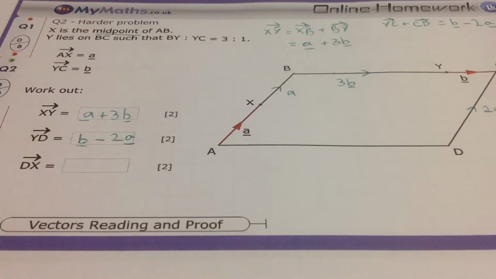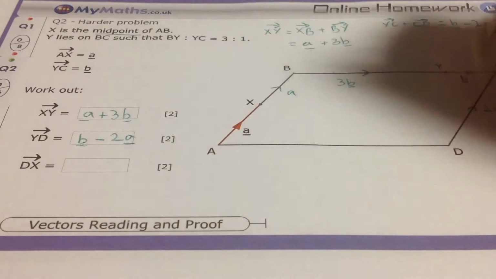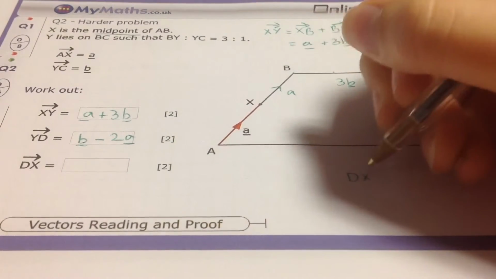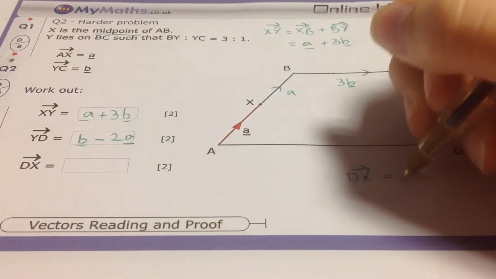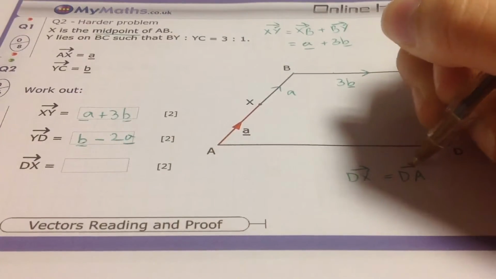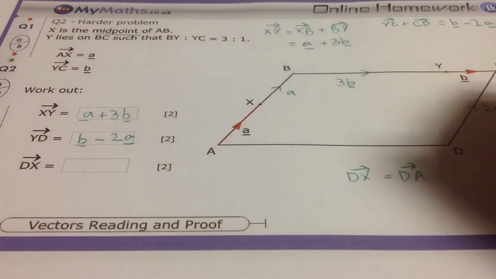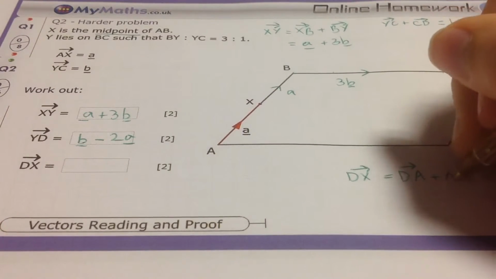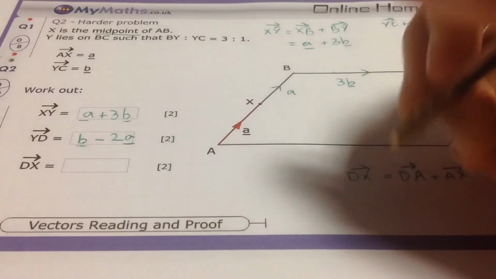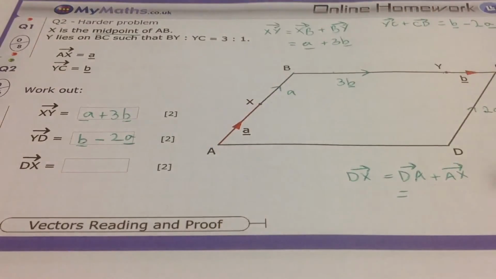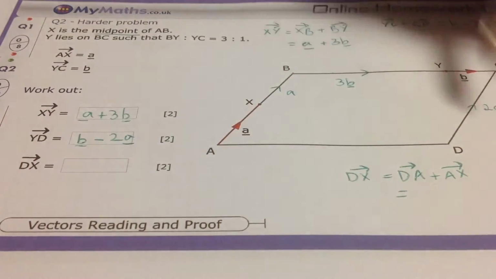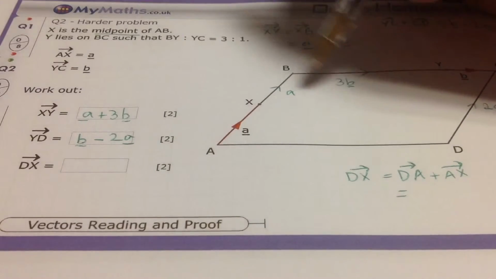To go from D to X, we need to go from D to A first. And when we've gone from D to A, we need to go from A to X. D to A, well, AD is parallel to BC.